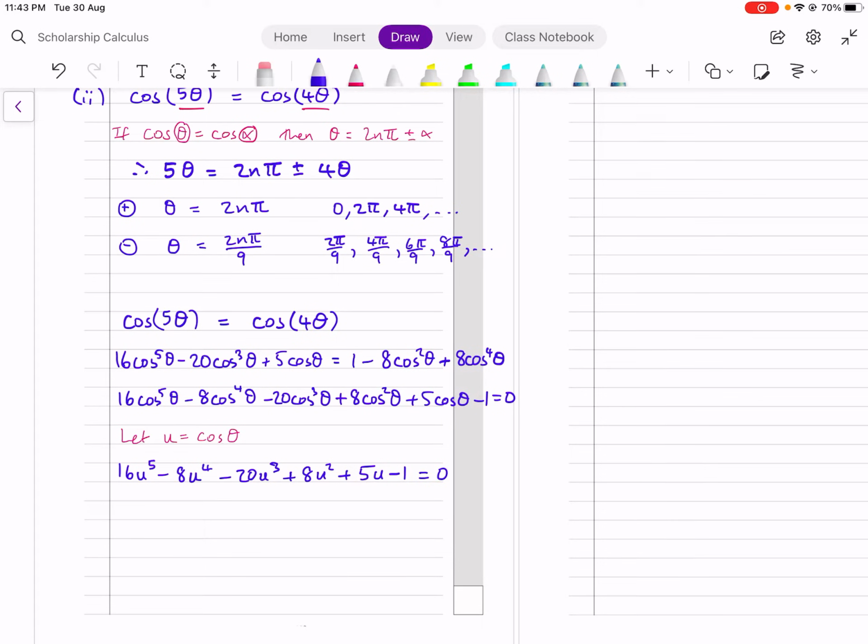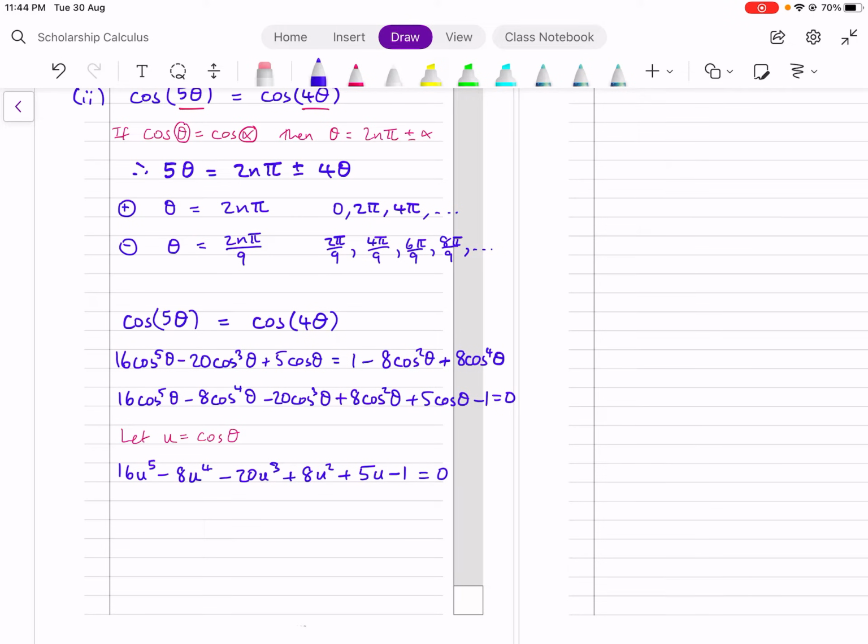Okay, now what you need to realize is that one of the solutions to this was theta equals 0. Theta equals 0 is a trivial answer because cosine of 5 times 0 is the same as cosine of 4 times 0.